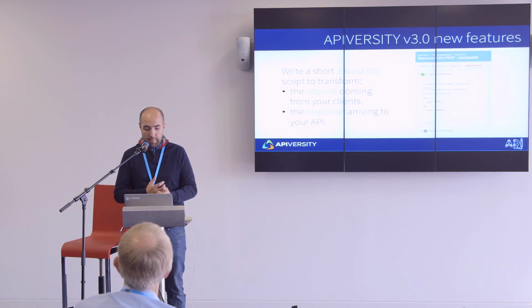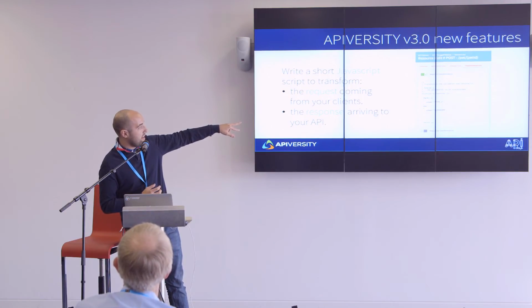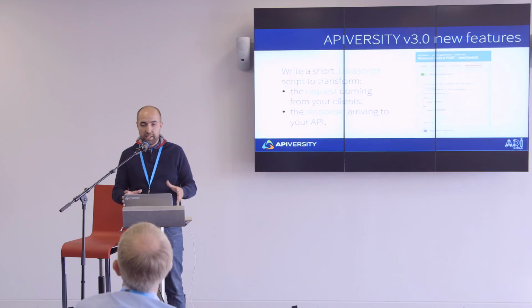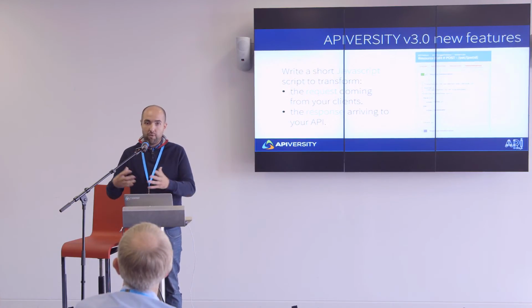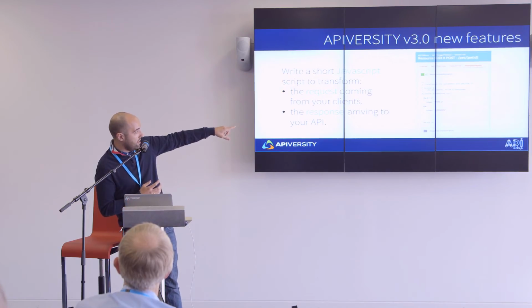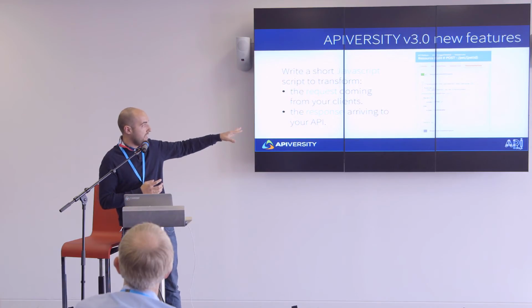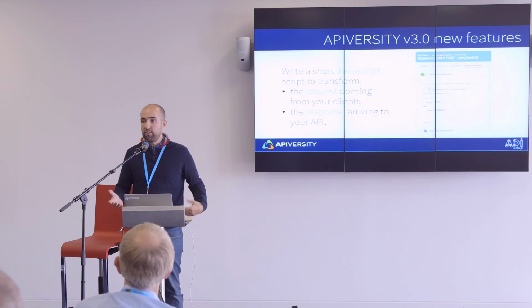So let's have an example. I'm pretty sure you cannot see anything, but what appears there is that you can go to Control Center and transform what happens in the request before arriving to your API. What happens in that code is just an if that says if the ID field of some request is 1, add another field.